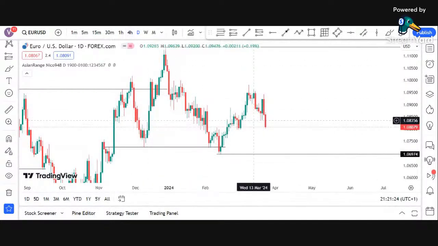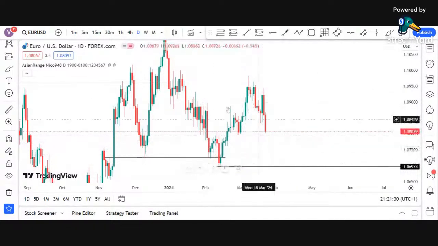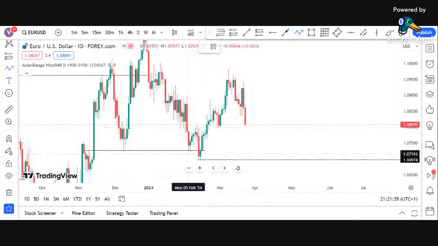So for the daily time frame, let's just analyze this current structure. Like I told you, this could be a grab, because if you look at it, this is like an equal low push to the downside, and this is like a maker model, right? And we saw this. And what did price do?